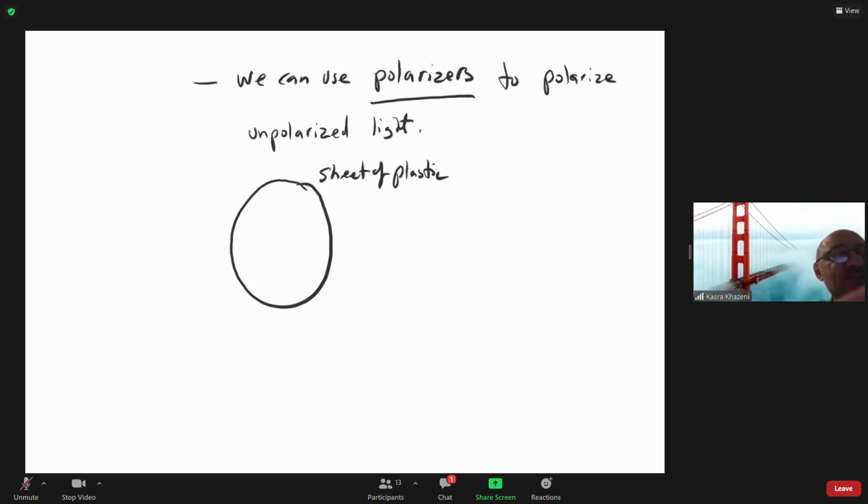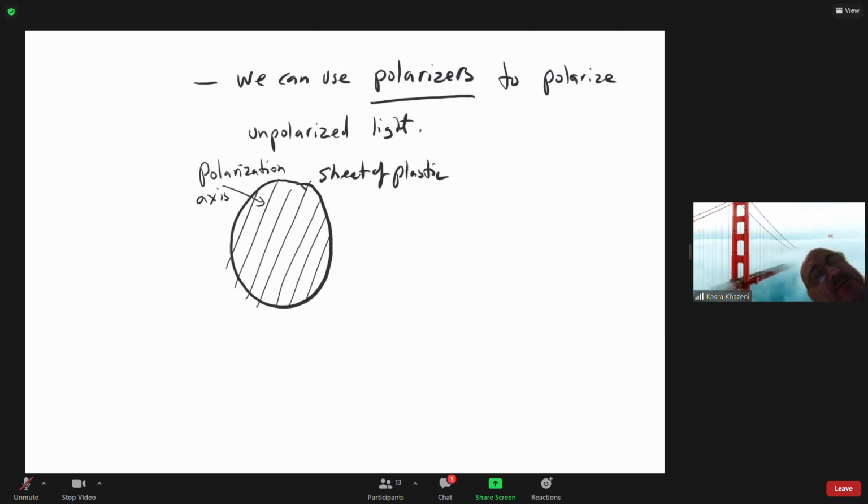So it has this polarization axis. Usually you show it like that. So this is the polarization axis. I don't want to get into details of how this sheet of plastic polarizes the light. All you need to know is that there is a direction to that polarization sheet.